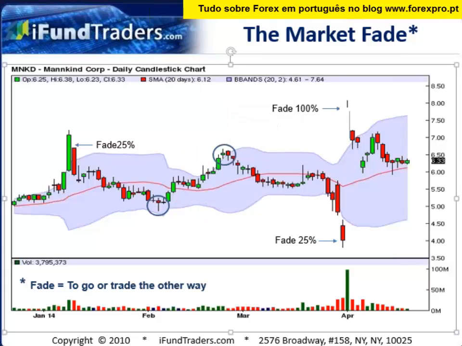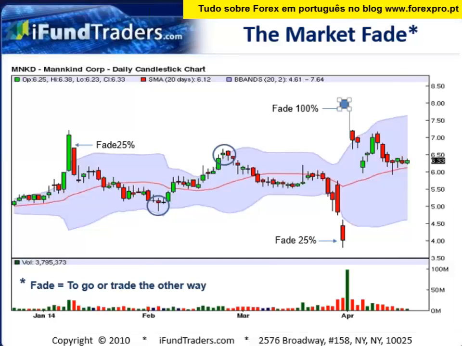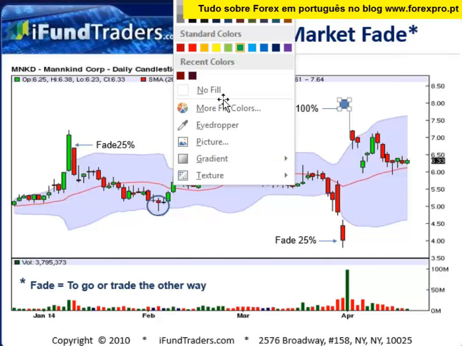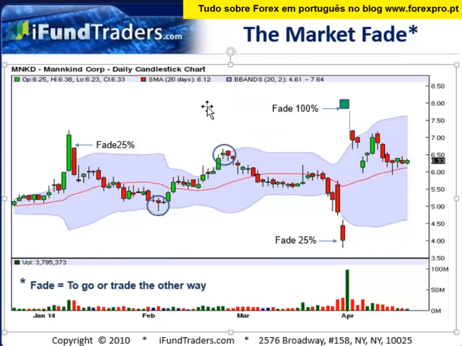What was there first was the open and a rally to the upside, but a very small one. You see that? There was a rally to the upside first. So it was first a little green bar outside the extreme ends of the Bollinger Band.